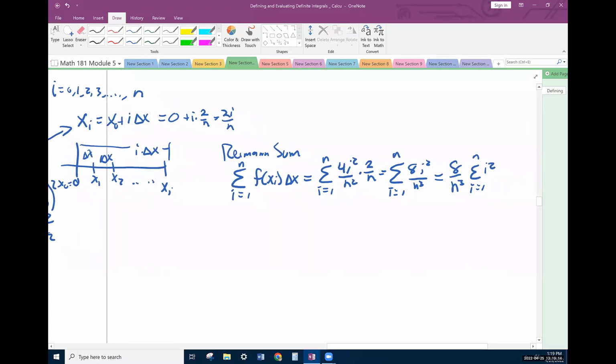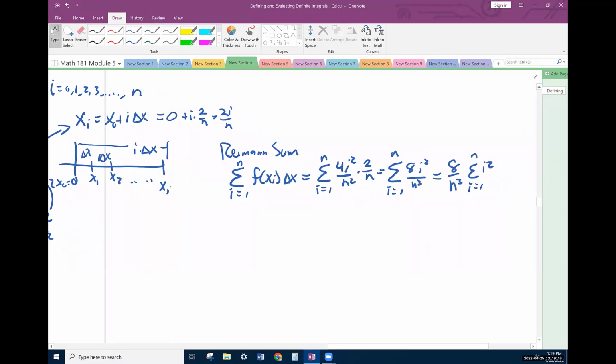Okay, now last class, we talked about some sum formulas, didn't we? So what is the sum formula for something squared, like an n squared or an i squared in this case?